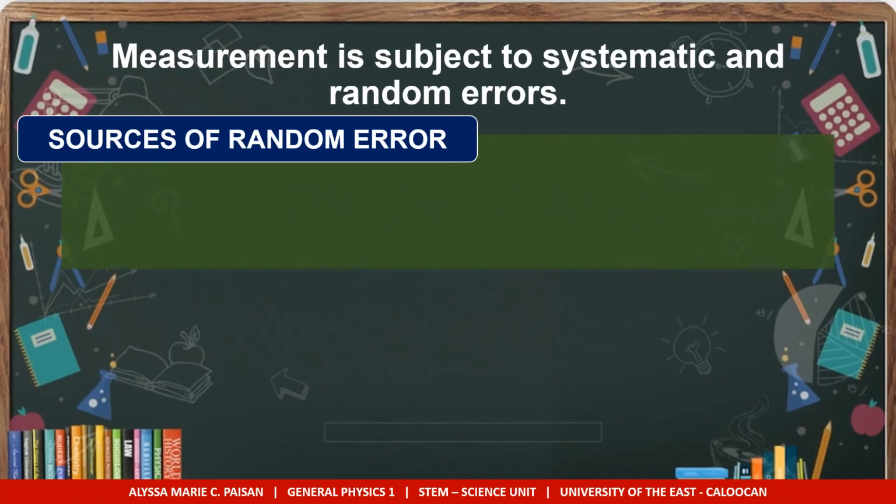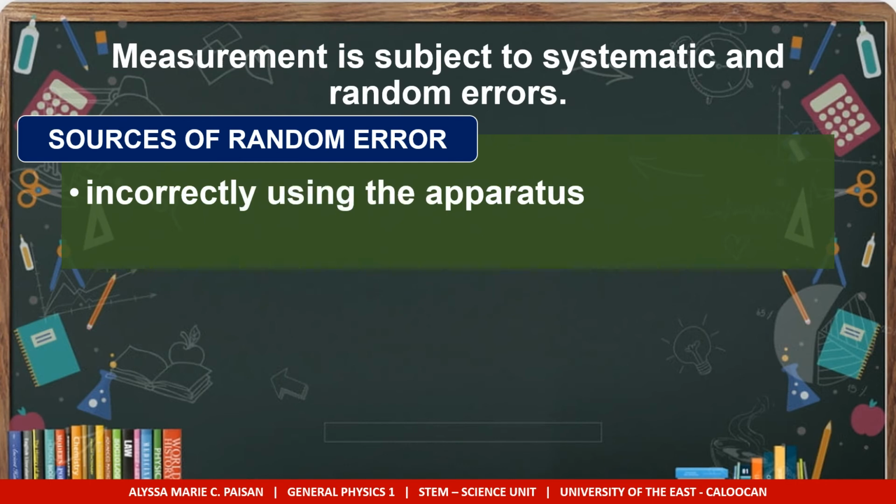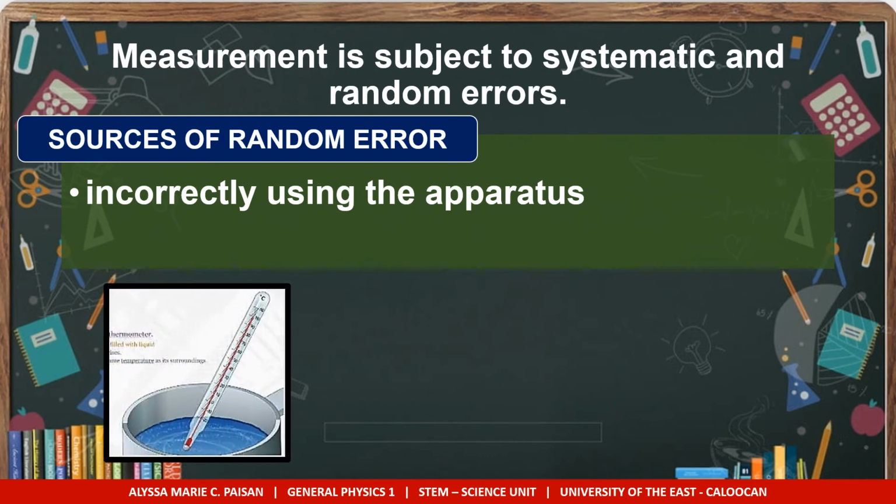So what are the sources of random error? First is incorrectly using the apparatus. For example, measuring the temperature of water in a container. How can you commit an incorrect measurement using this apparatus? Now, if you measure the temperature of water in this container, there are times that some experimenters just leave the thermometer in the container.